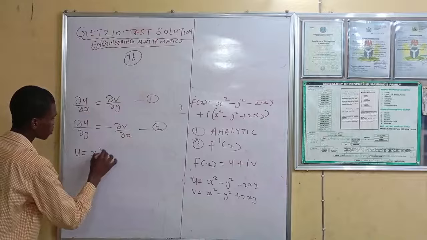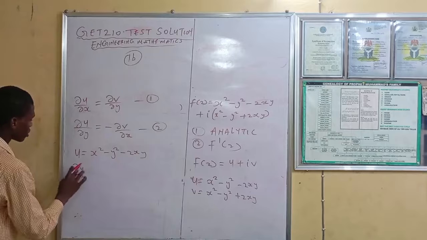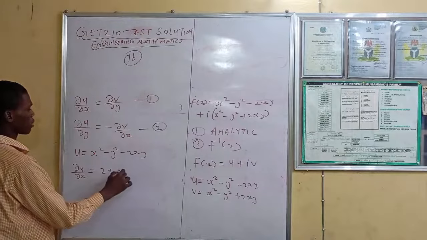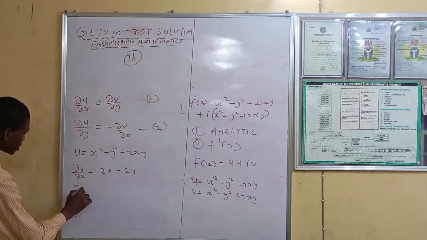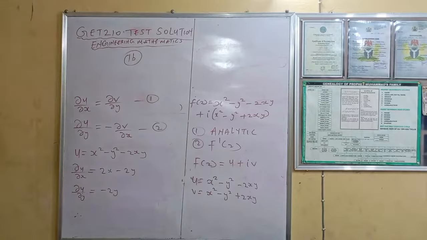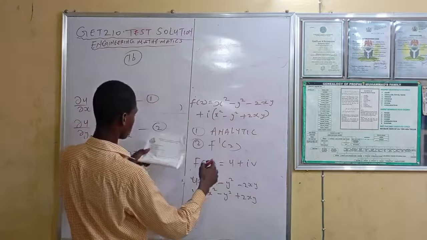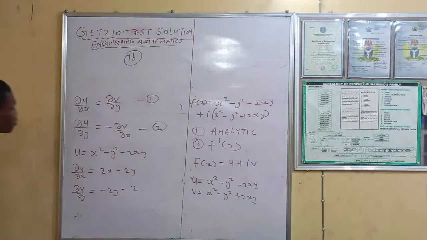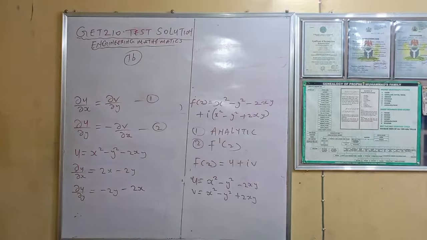If u is equal to x squared minus y squared minus 2xy, partial du over dx will be equal to 2x minus 0 minus 2y. Then partial du over dy, that's equal to minus 2y minus 2x, right?